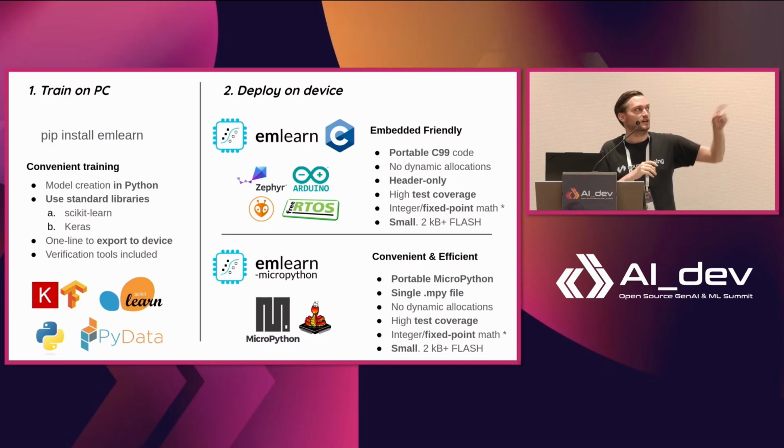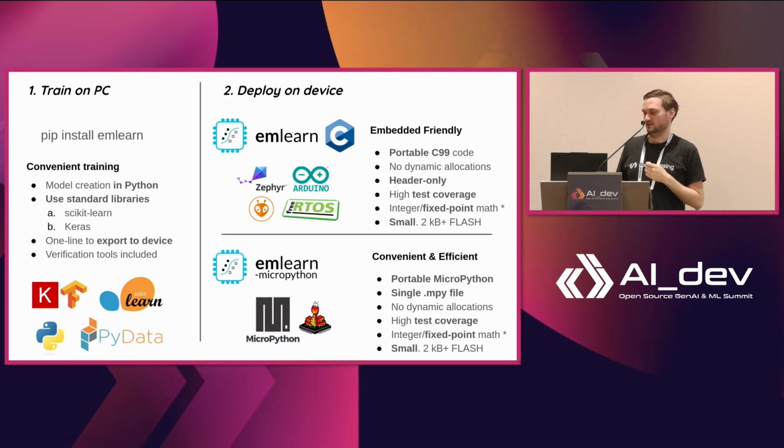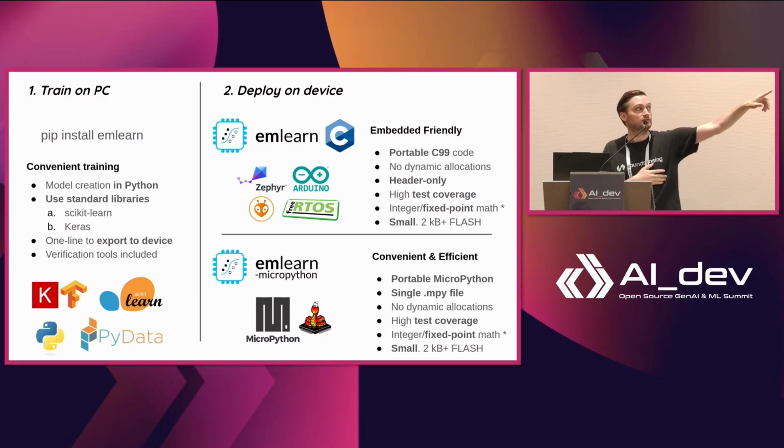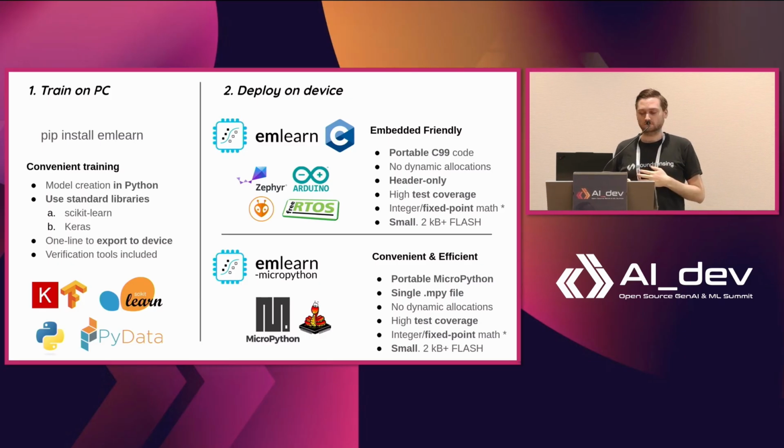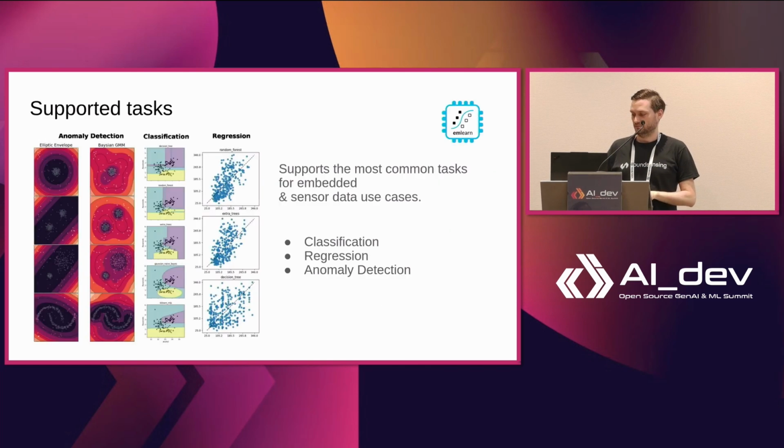And there are some small, simple integrations with Zephyr, Arduino, etc. that just make it extra easy to use on those common platforms. But there's another alternative, which is emlearn MicroPython. And that's for MicroPython. And that makes it super convenient if you are not a C developer to get started.